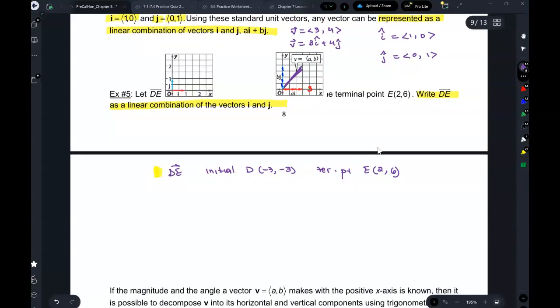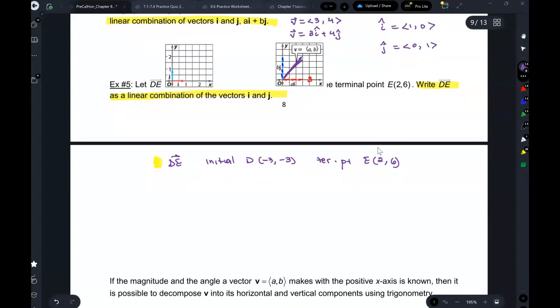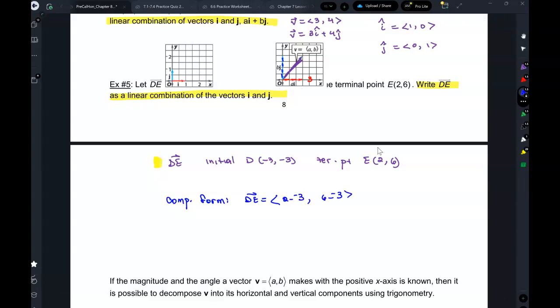Okay, what I like to do first is put this in component form. So how do we put this in component form? DE is going to be the x components, 2 minus negative 3, and then 6 minus negative 3 for the y components. So DE in component form is 5, 9.